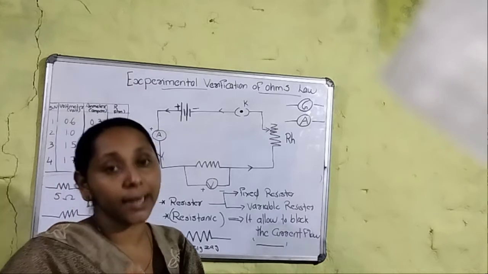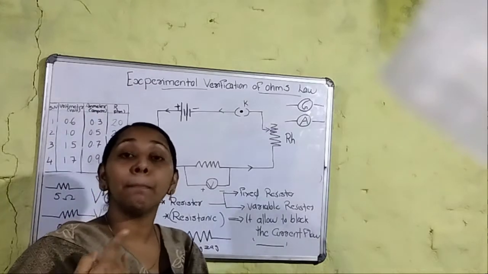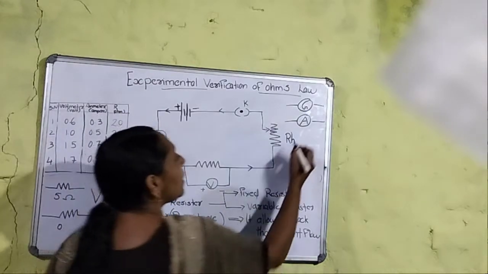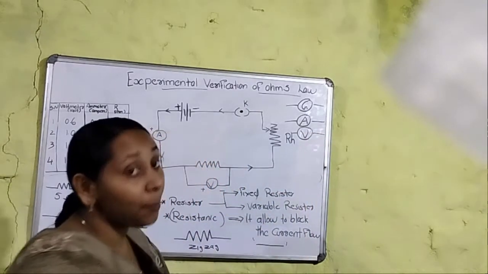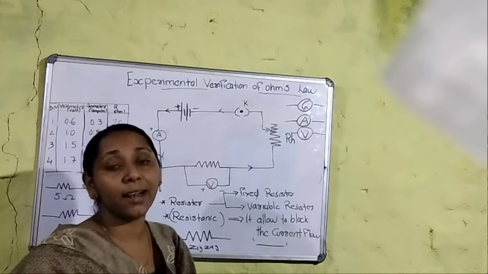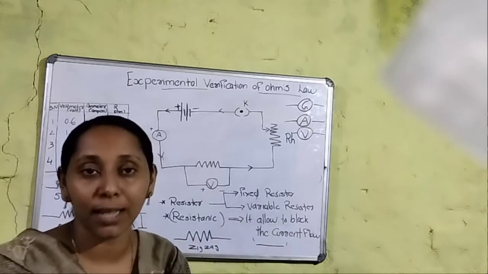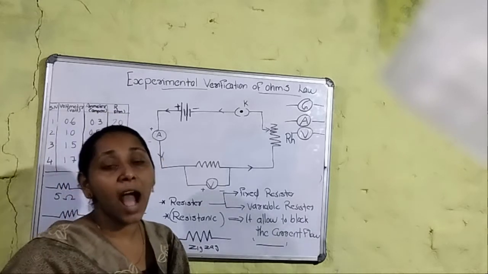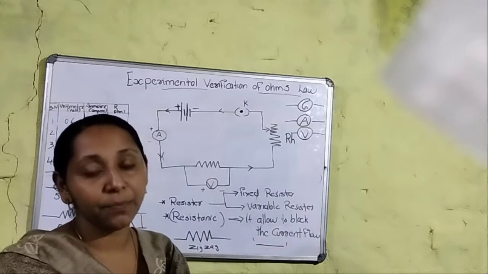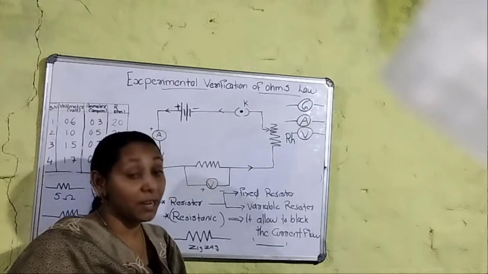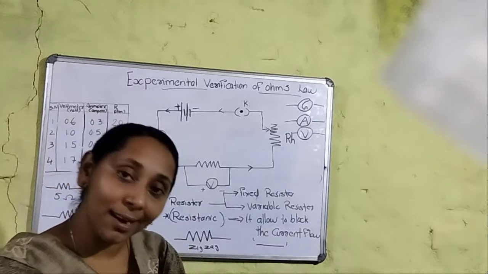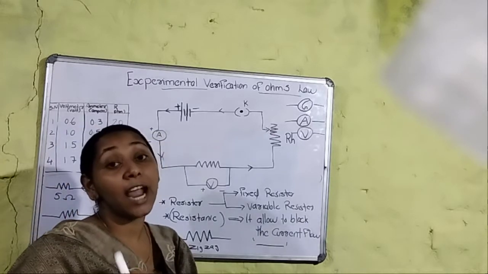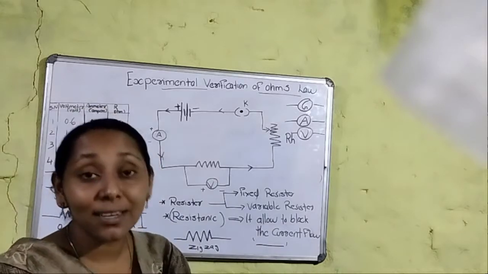The voltmeter measures the potential difference. I hope you understand these three fundamental electrical instruments used in the electric circuit: the voltmeter helps to measure the potential difference, the ammeter helps to measure the value of current, and the galvanometer helps to detect the presence of current.